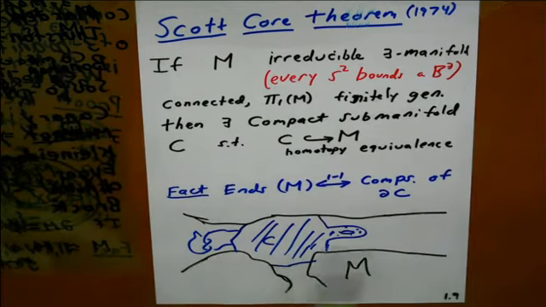Schematically, it's this picture, where here are the three ends, and here's the compact core.